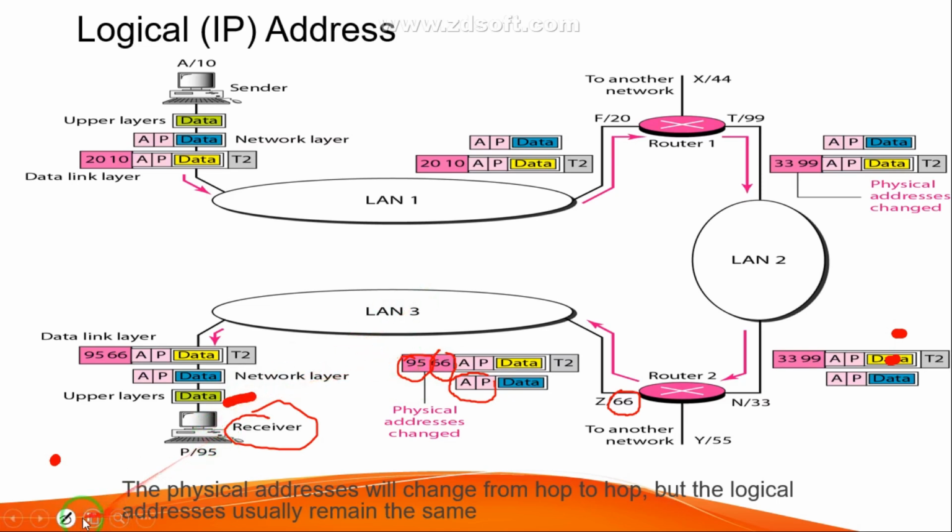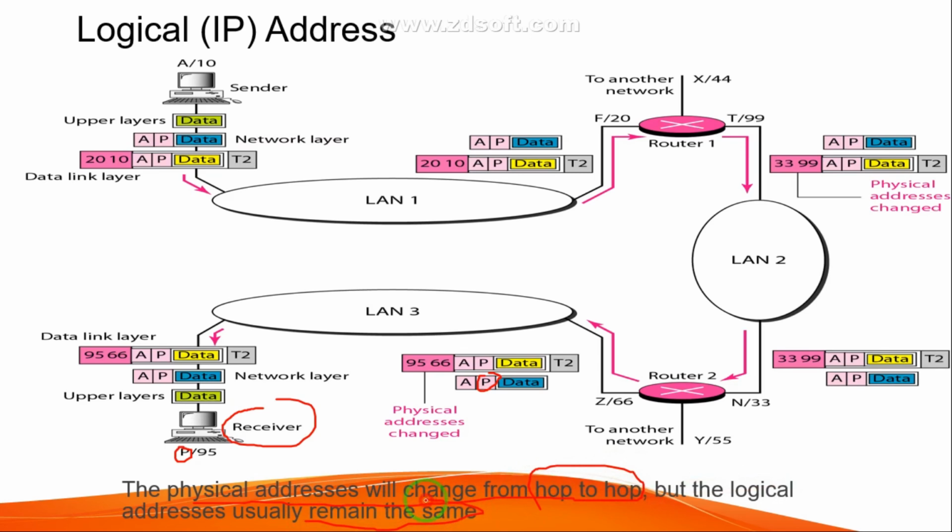Then it is also going to check the logical address, and that is also going to match. That is P, it is going to match with this P. It means this packet, this data, is meant for this receiver only. So you can see the physical address will change from hop to hop, but the logical address usually remains the same. So that's why the logical address is responsible for host to host, end to end delivery.